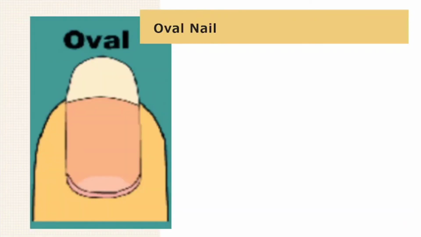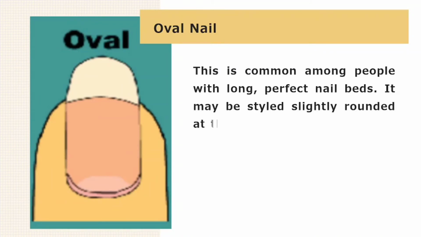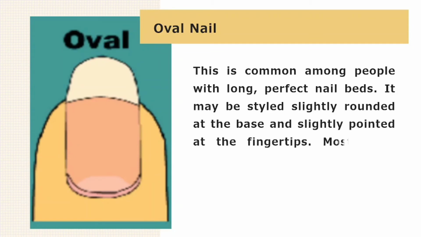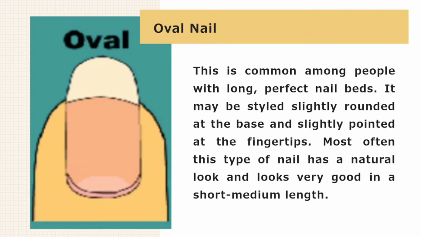Let us first discuss the oval nail. This is common among people with long, perfect nail beds. It may be styled slightly rounded at the base and slightly pointed at the fingertips. Most often, this type of nail has a natural look and looks very good in a short to medium length.